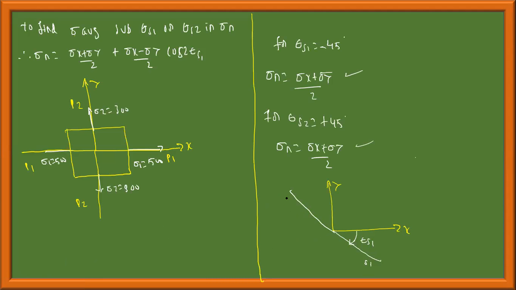Theta s2 is 90 degree to that. This will be the S2 plane. The total difference from minus 45 to plus 45 is 90 degree. Now let us represent the planes.